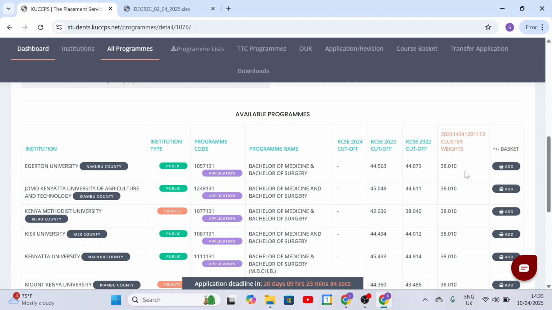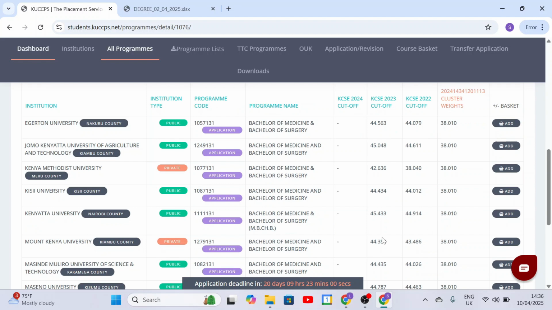Okay. So you can see in Egerton, this candidate had a cluster of 38, but the cutoff in other years has been 44.5, 44.0. My advice to this candidate is don't pick this university because you will not get it. The difference is almost, is it 7 or 6? It is 6, right? Imagine, that's a very big difference. Even a small difference of 0.9 can mess you up.